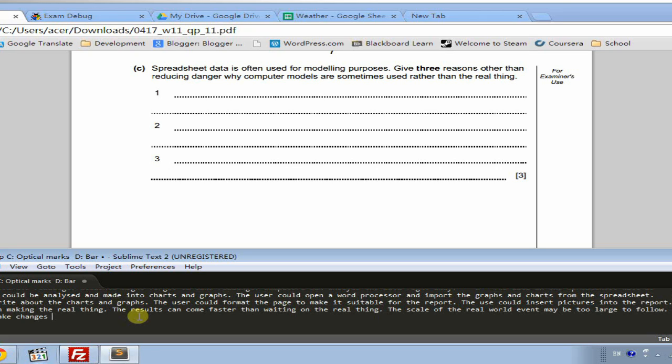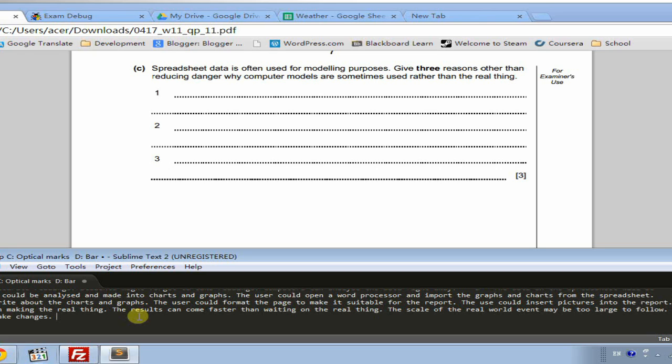If we're thinking of the building, we might be wasting money on buying materials and things like that, when we could make a model first, discover the problems, and then make the changes for when we are making the real thing. Yeah, so there's a lot of answers around that area.